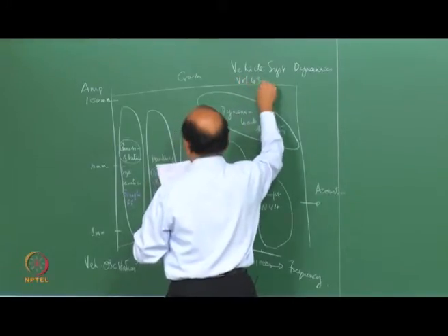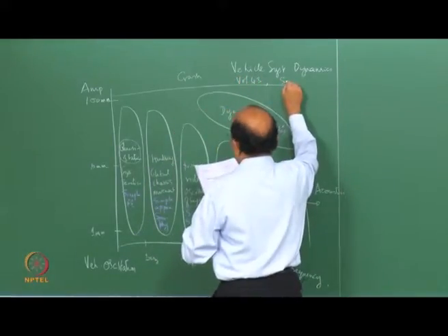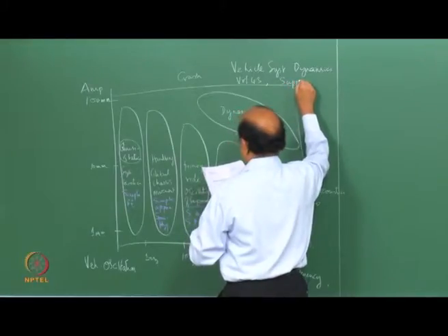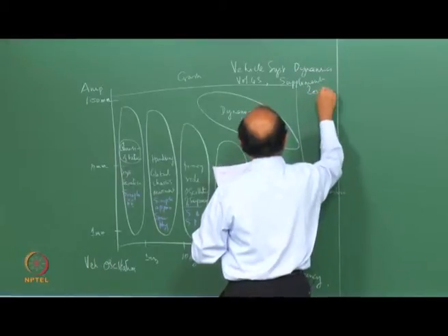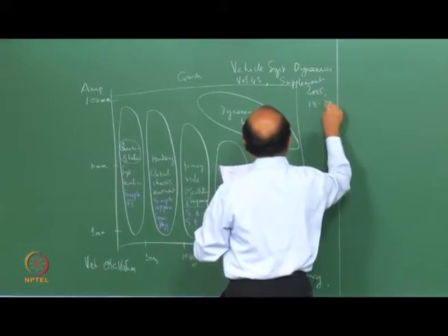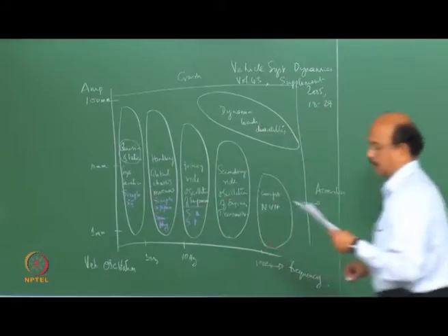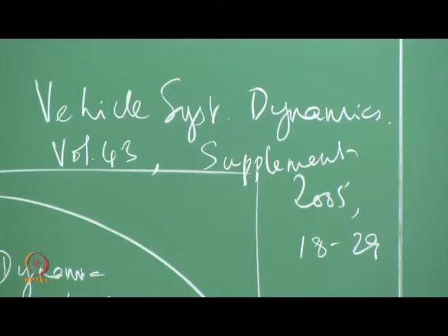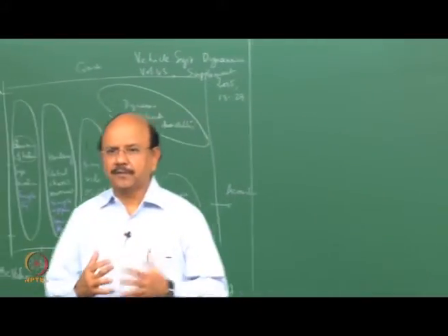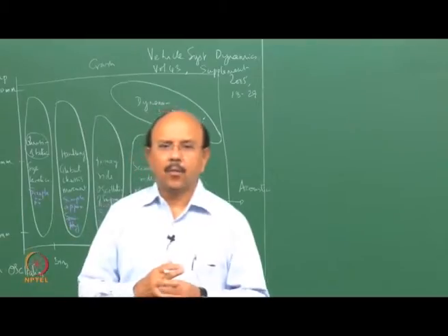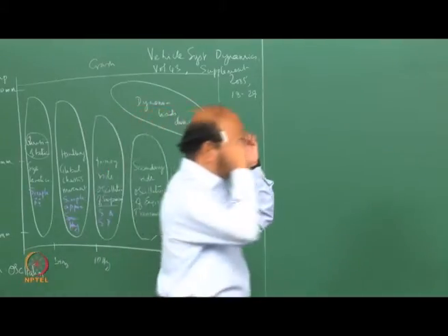Volume 43, supplement, 2005, pages 18 to 29, Alex Eichenberger and Marcus. So there's a reference for this, and let's just quickly run through this so that you understand what we mean by tyre models.